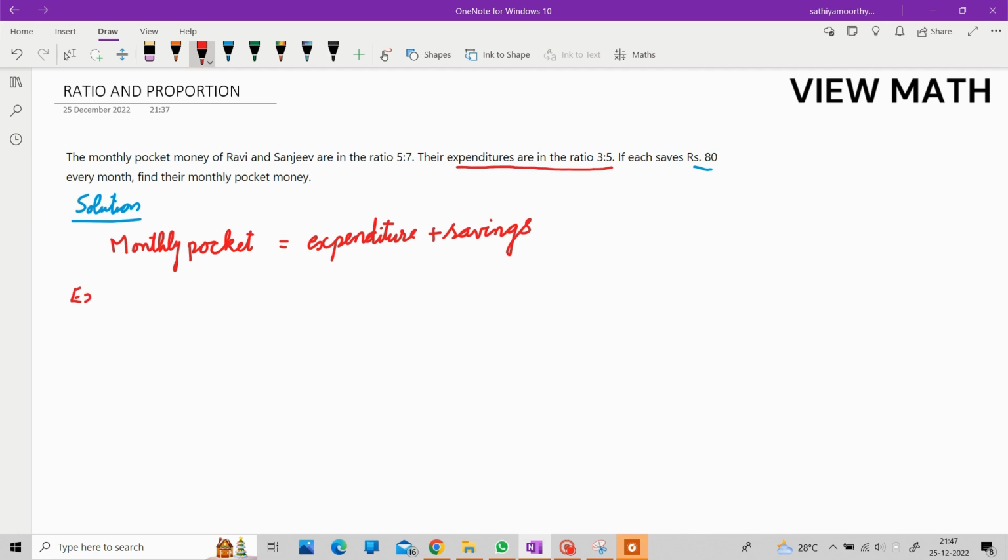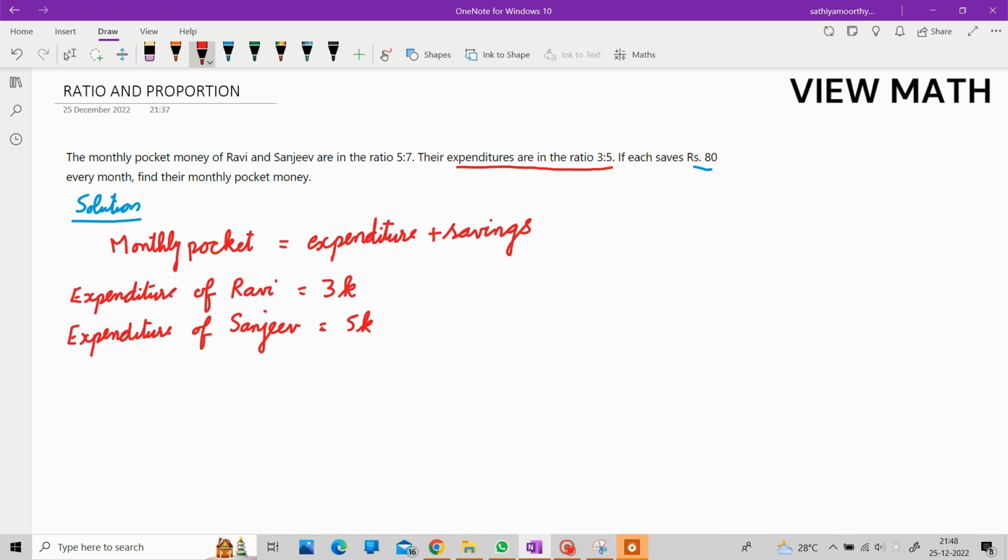So the expenditure of, I can say expenditure of Ravi is equal to 3 some constant k. Expenditure of Sanjeev is equal to 5 into the constant k.